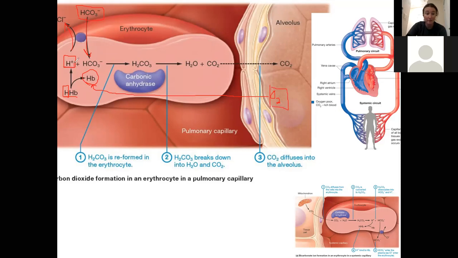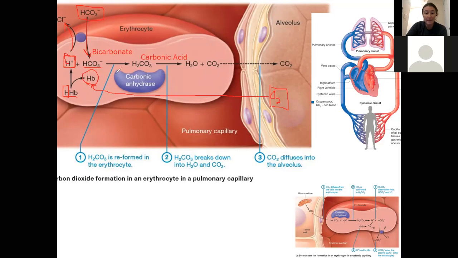And this hydrogen doesn't go away. What do we do with it? Well, hydrogen is now going to bind again to bicarbonate. Remember that HCO3 minus is bicarbonate. So hydrogen binds to bicarbonate, forming carbonic acid.